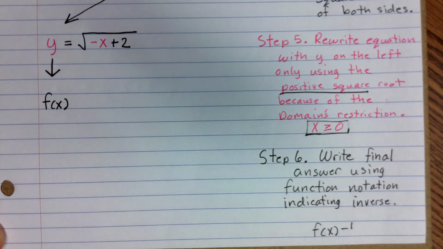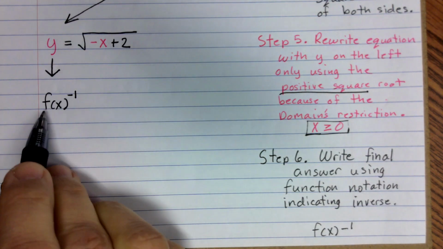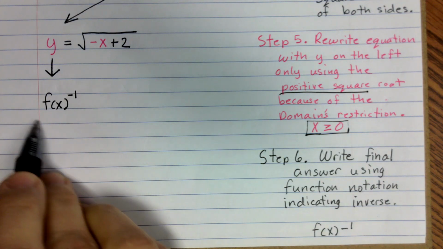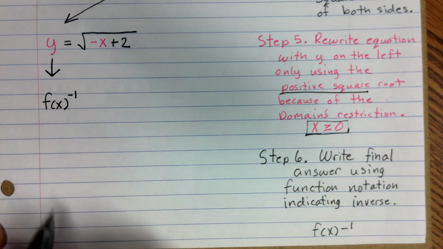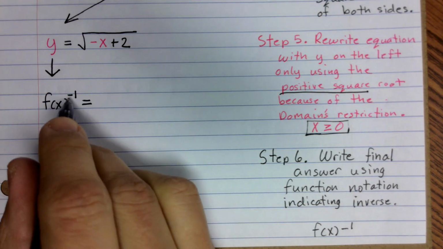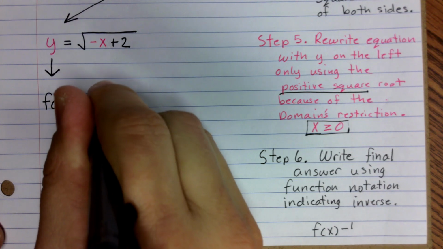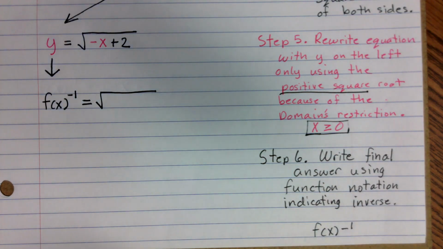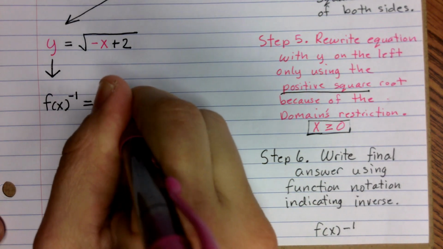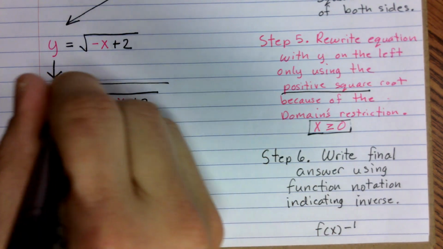The only difference is, because this is now an inverse function of what we started with, we're going to put this little negative 1 over the f of x. And that represents to any mathematician that this is an inverse function that we created. So we have f of x to the negative 1 is equal to the square root of negative x plus 2. And that is our final answer.